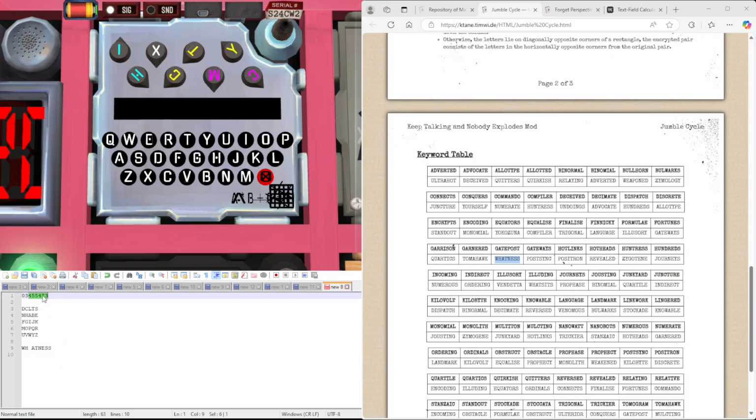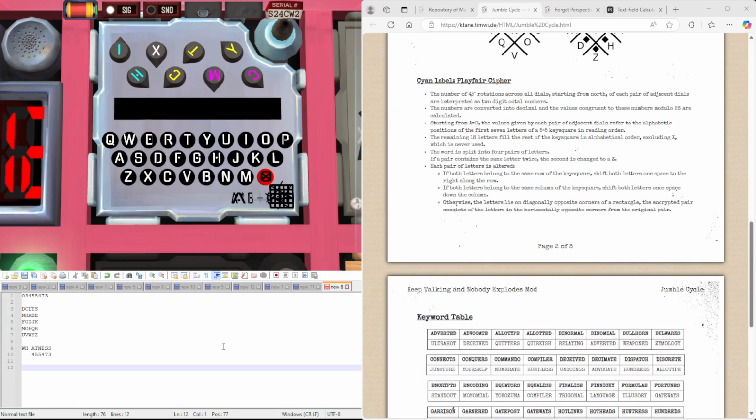Get this W and H. WH becomes VA. A shifted forwards by 4.